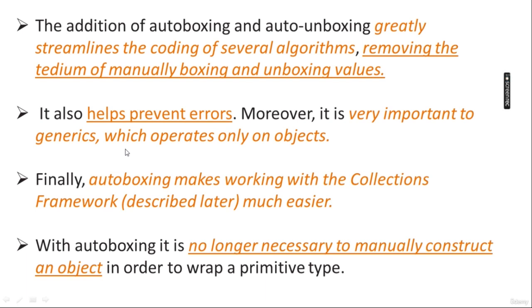But since Java 5 has introduced auto boxing and auto unboxing, it will prevent errors because you don't have to remember to manually box and unbox. Finally, auto boxing makes working with the collections framework much easier. With auto boxing, it is no longer necessary to manually construct an object in order to wrap a primitive type.